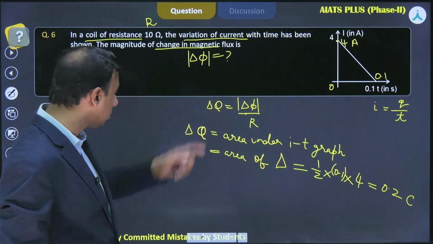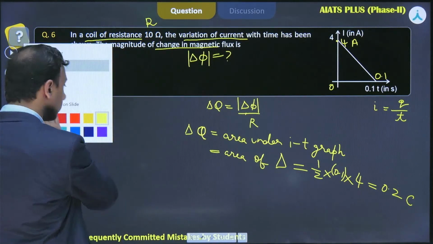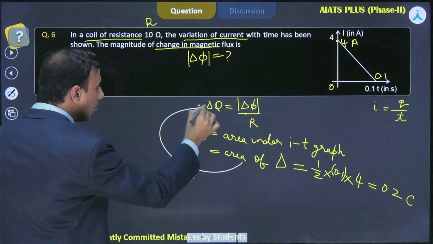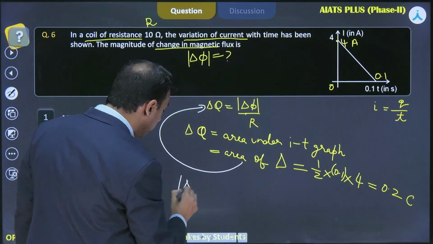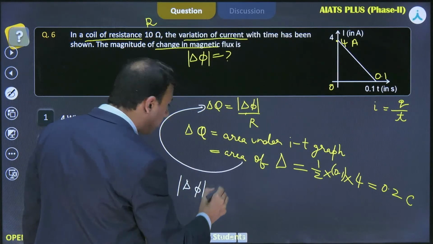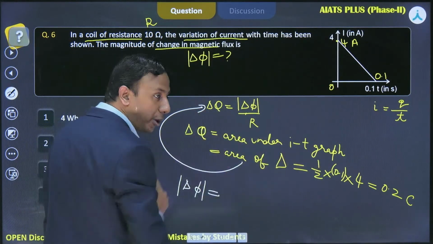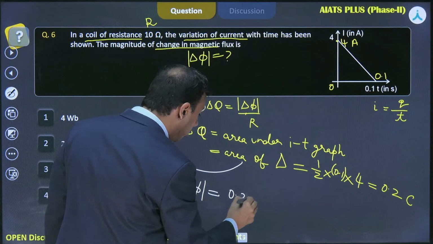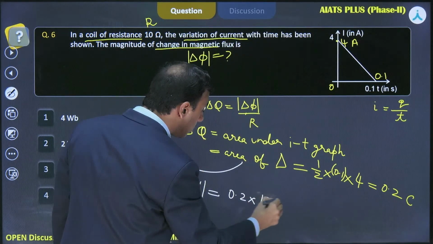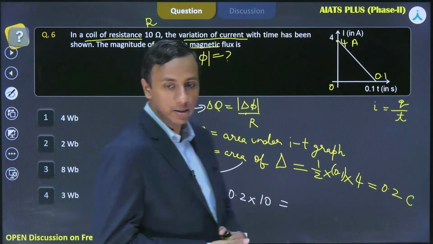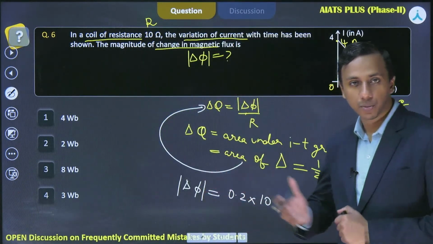Now you substitute it over here. What becomes mod delta phi? Mod delta phi is delta Q, which is 0.2 coulomb, multiplied by resistance, which is 10 ohm. I hope this one was clear.